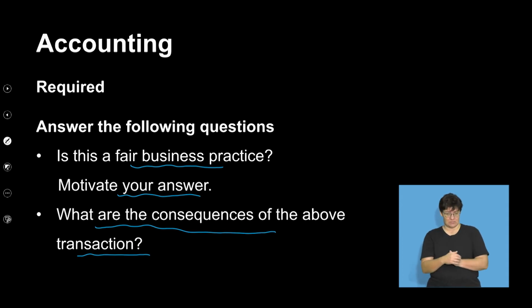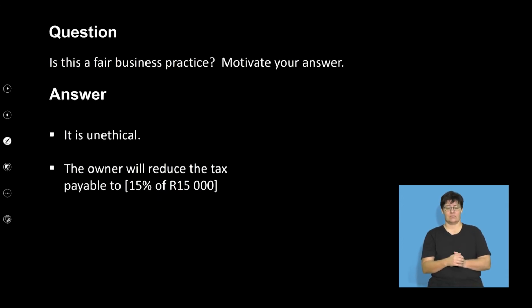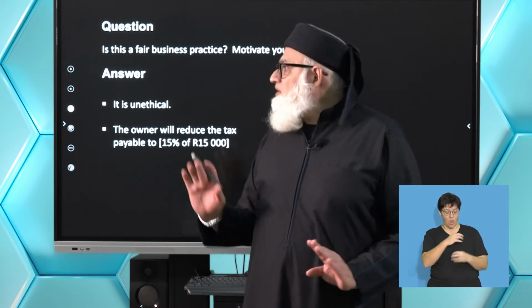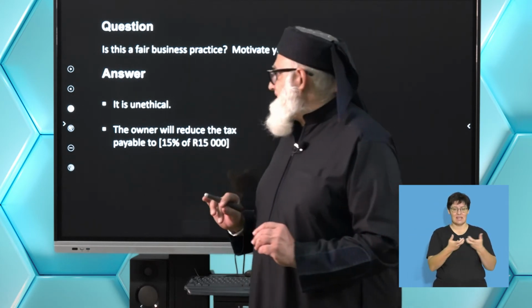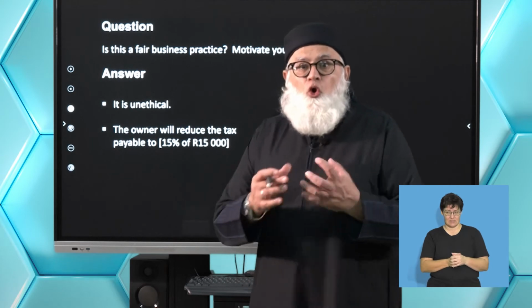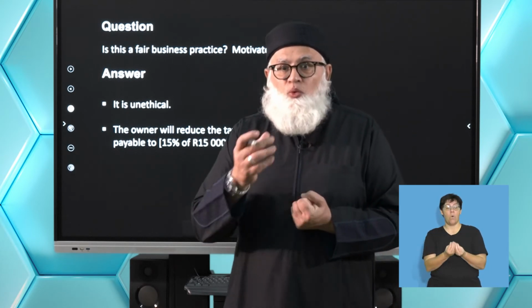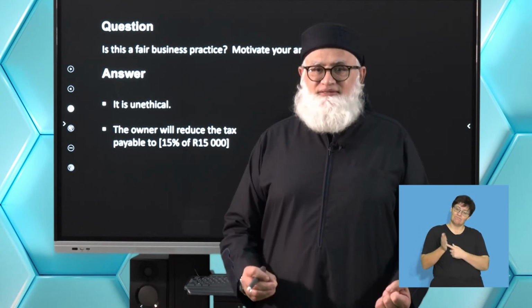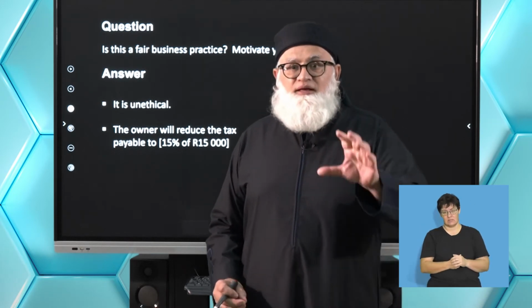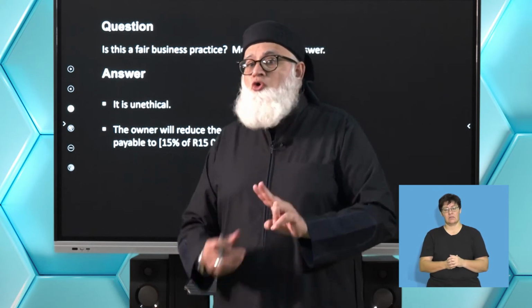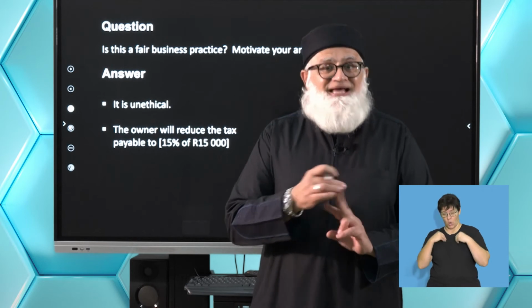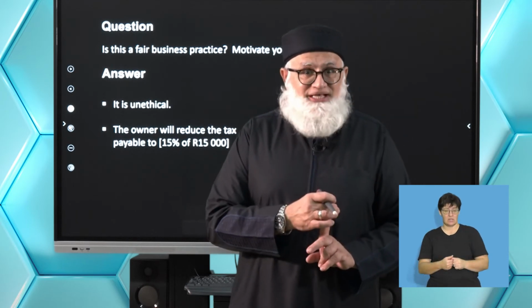Okay, let's look at it. Here, number one, it is unethical. Remember, the owner and the business are two separate entities, and therefore, all transactions that the one enters into with the other must be recorded. Therefore, you have two owner's accounts, namely the owner's equity, which is your capital account, and you have the drawings account.